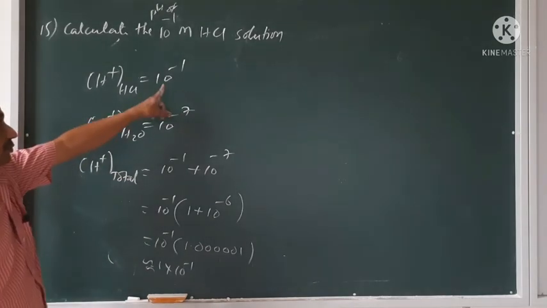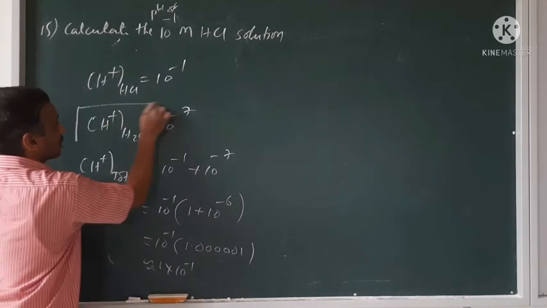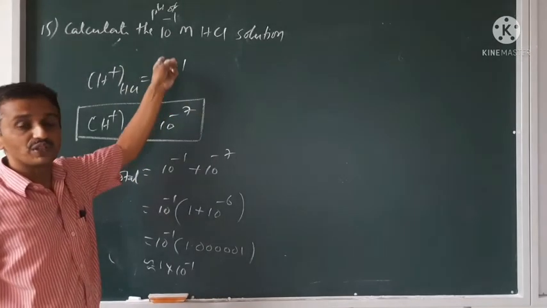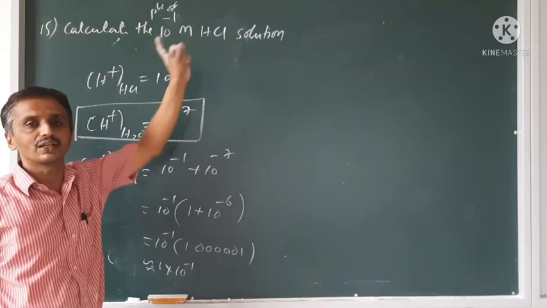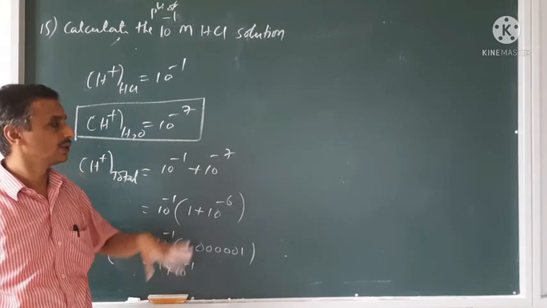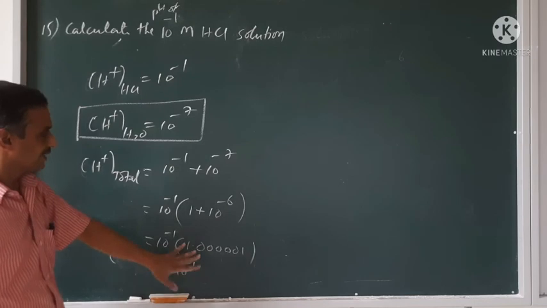Because of this, H plus given by the water is neglected when a large difference is there between the concentration of the acid and the water hydrogen ion concentrations. When the large difference is there, the water's contribution is neglected.